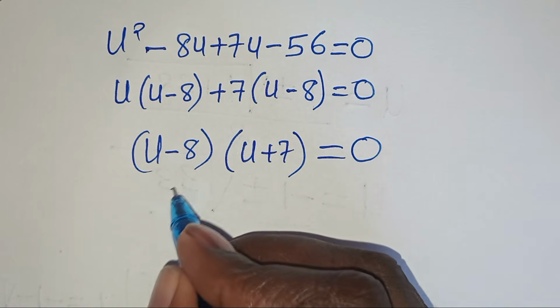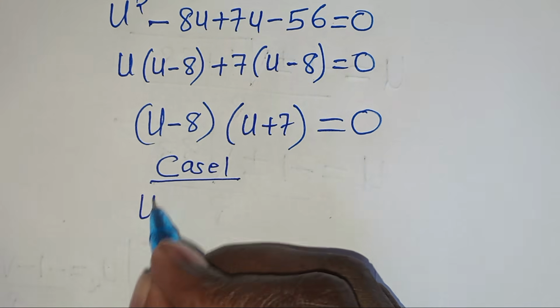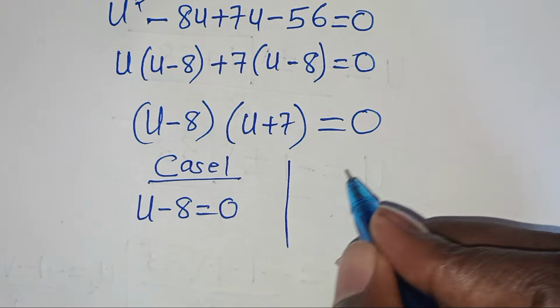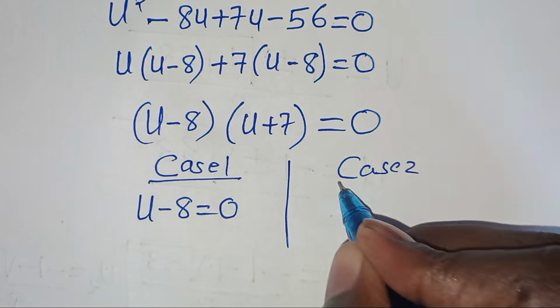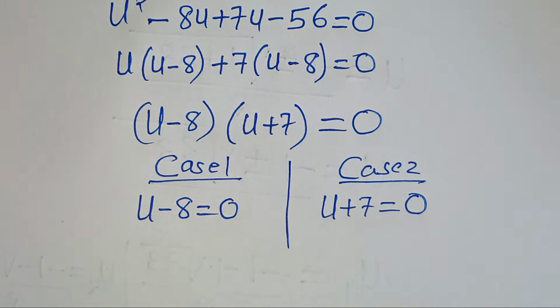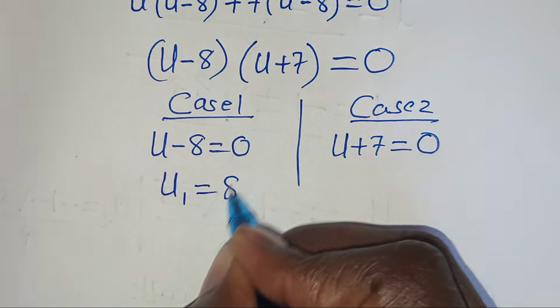So we have got two cases here. We have in case 1, this is u subtract 8. This is equal to 0. And we have in case 2, we have u plus 7. This is equal to 0. So this means that u1 is equal to 8.